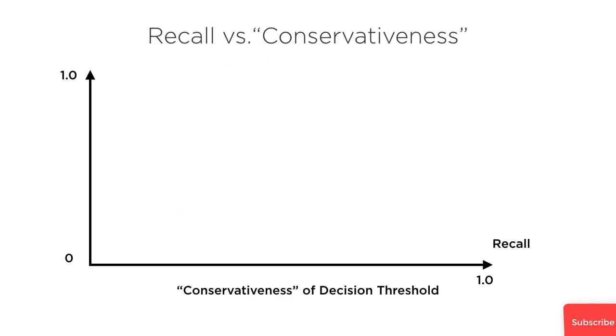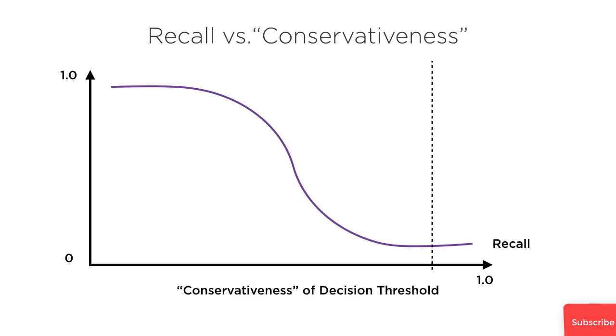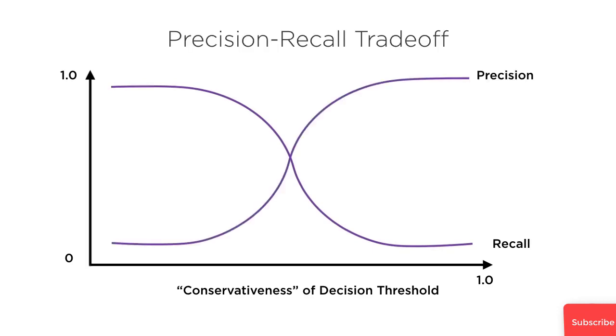Now, if you plot the conservativeness of the decision threshold versus the recall of your model, you'll find an inverted S like you see here on screen. A classifier that is way too conservative in detecting cancer will have a recall of 0. The two S curves that we just looked at, precision and recall versus the conservativeness of decision threshold, show you that there is a trade-off involved here.